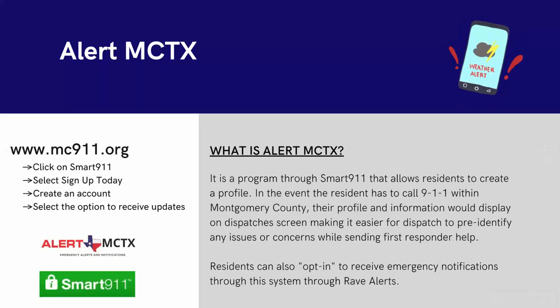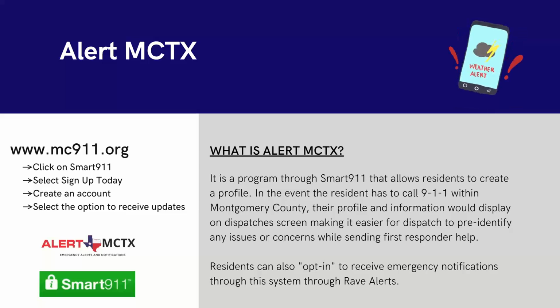And lastly, if you have not yet done so, sign up for Alert MCTX. So these are going to be those alerts that are geofenced to our location for your phone. Don't turn these off if you get one. It is important and specific to your location. You can sign up for this at mc911.org, and this is in partnership with Smart 911.